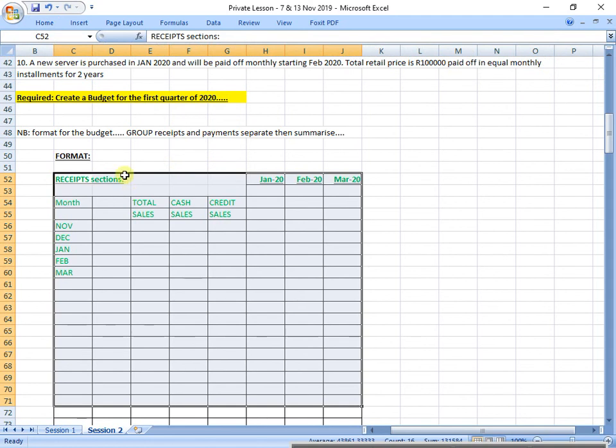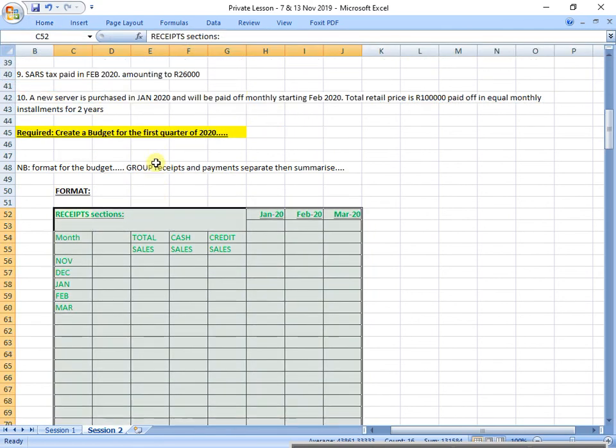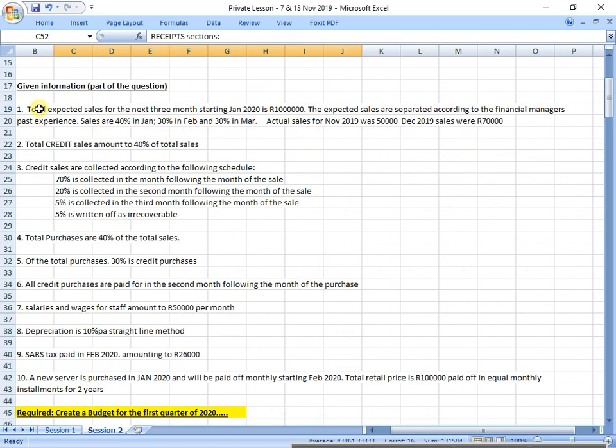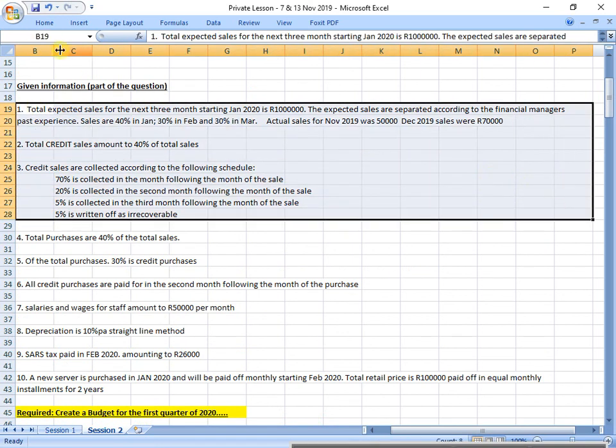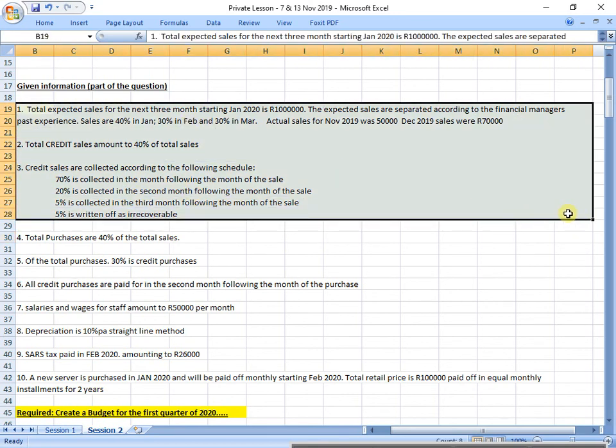So what information am I going to look at? The receipts. If you read those 3 points again, we spoke about them when I was creating the question. Number 1, number 2, number 3 all relate to receipts. They talk about sales, they talk about collecting, they talk about being owed money and being paid money later on. So all of that is looking at receipts.